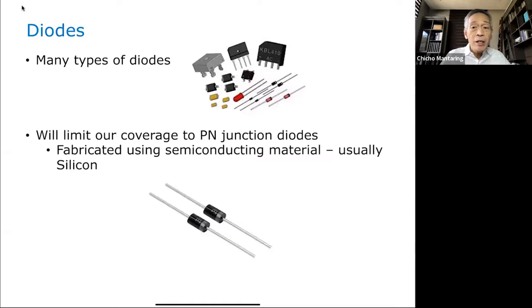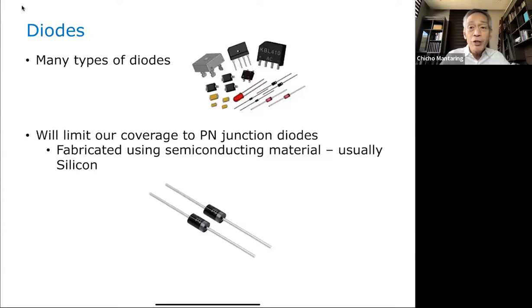Now, for this particular course, EEE 123, we will limit our coverage to what we call PN junction diodes. And these are fabricated using semiconducting material. You're going to learn later on that there are three types of material from an electrical properties perspective.